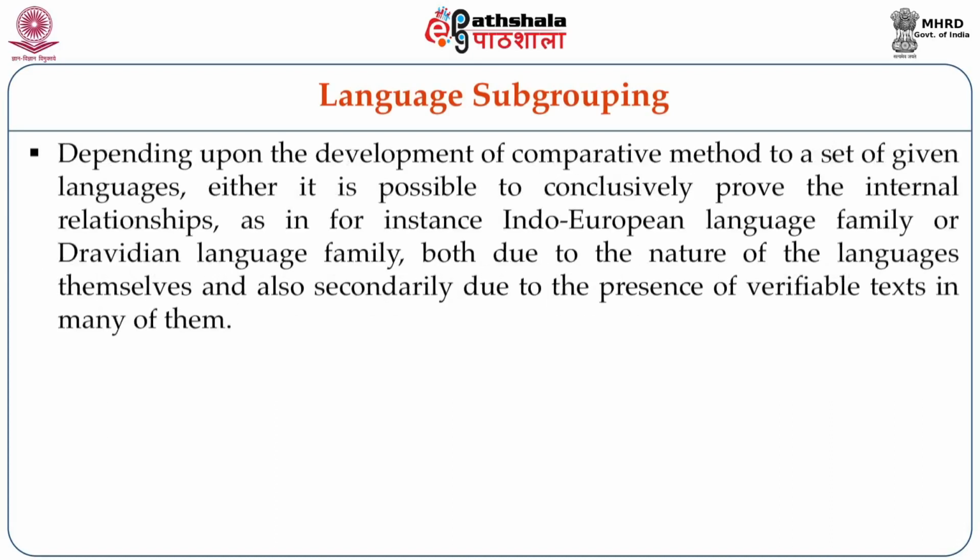Depending upon the development of comparative method to a set of given languages, either it is possible to conclusively prove the internal relationships, as in, for instance, Indo-European language family or Dravidian language family, both due to the nature of the languages themselves and also secondarily due to the presence of verifiable texts in many of them.